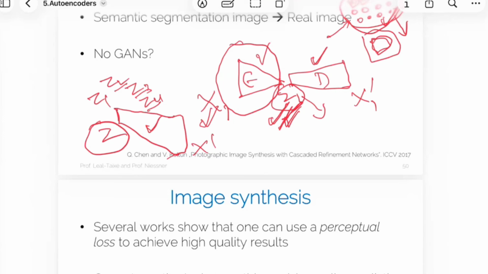But we want the distribution of either X or Z. If you know the distribution of X, your problem is solved. You don't need an autoencoder. You know the mean and variance of your data set, and you can generate any type of images from that. But it's very challenging. Let's try on the Z, but Z is also not easy. Then what should we do?